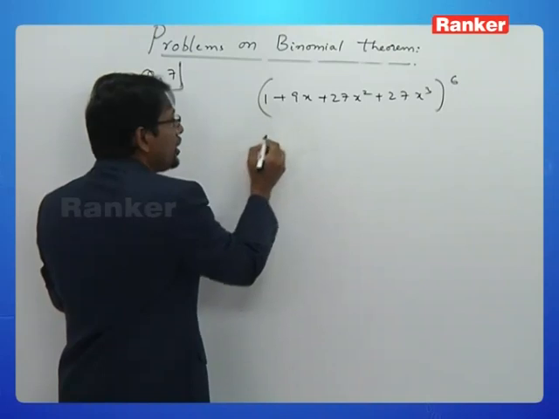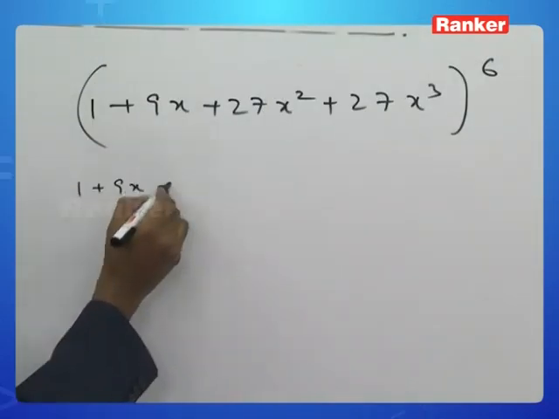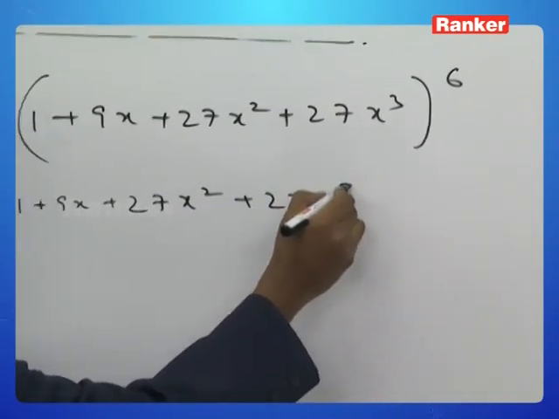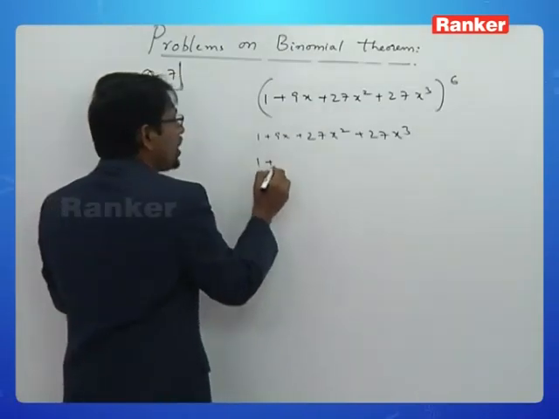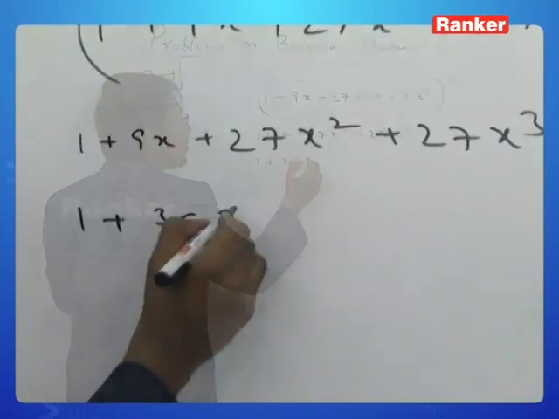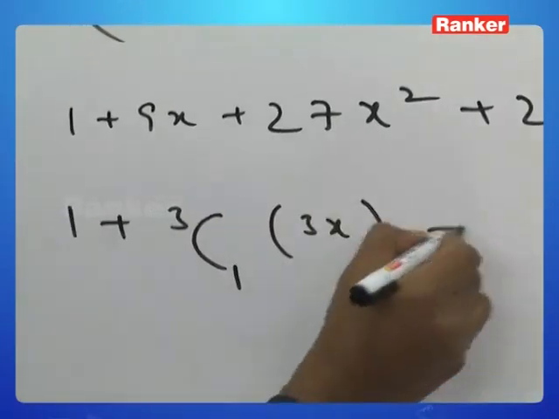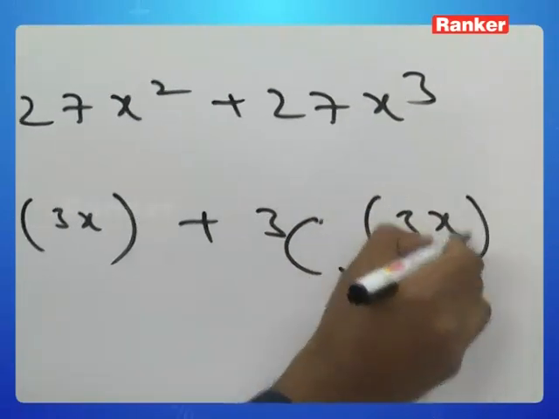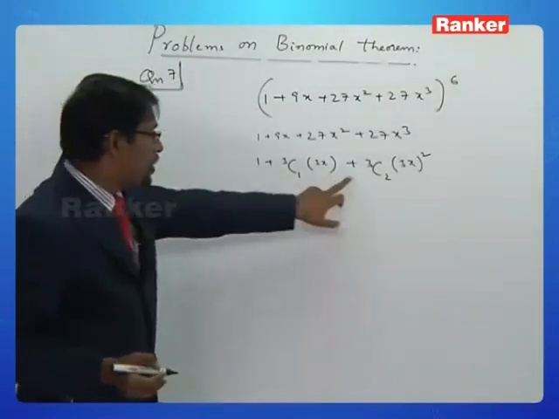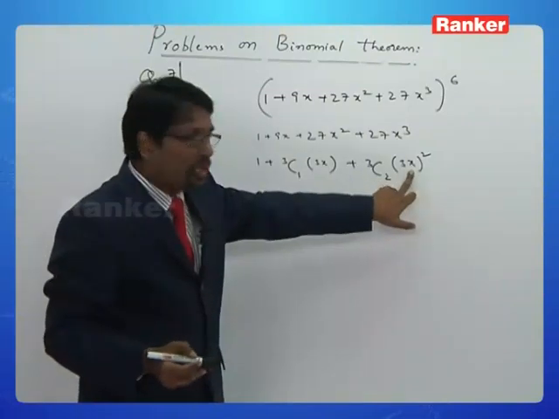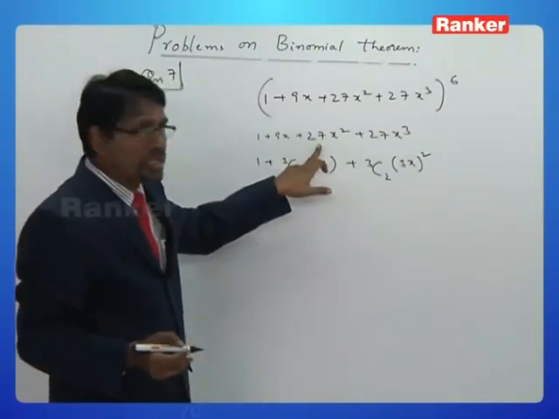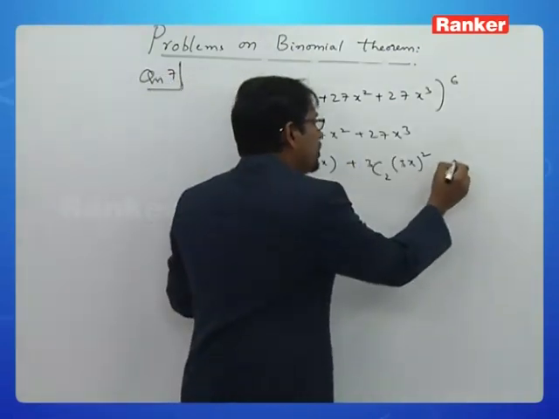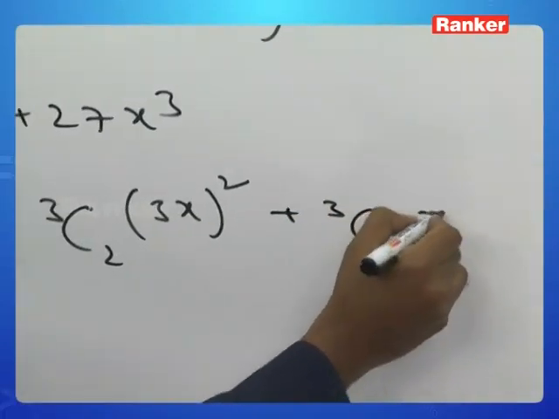Observe that this 1 plus 9x plus 27x square plus 27x cube, we can write in the form of 1 plus 3C1 into 3x plus 3C2 into (3x) whole square. 3C2 is 3, so 9x square, 3 into 9x square will make it 27x square there. And we have here 3C3 into (3x) whole cube.